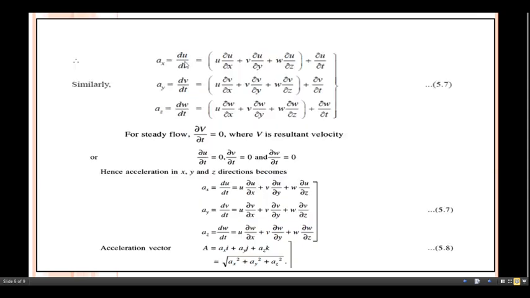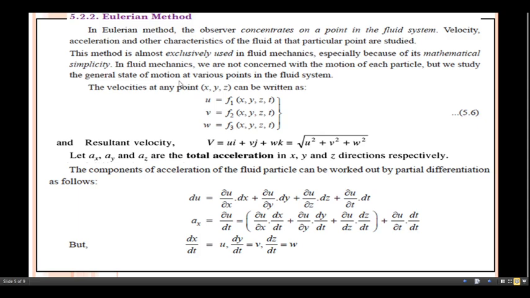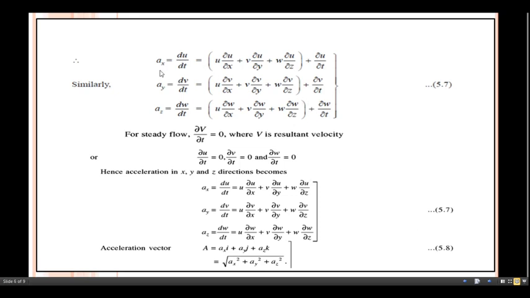The acceleration along the x direction is du by dt. Here we get u, here v, then here w, and this gets cancelled. So ax is nothing but du by dt equals u into ∂u/∂x plus v into ∂u/∂y plus w into ∂u/∂z plus ∂u/∂t.